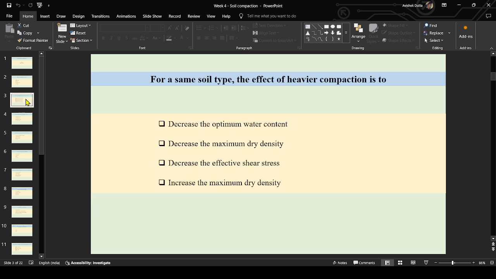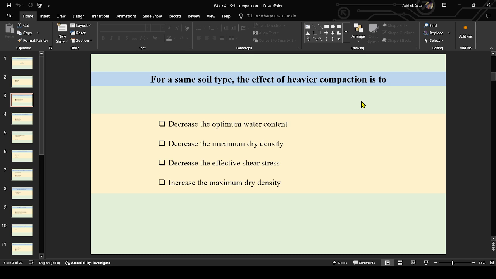So this is a multiple select question. More than one option can be correct. The question is, for a same soil type, the effect of heavier compaction is to.